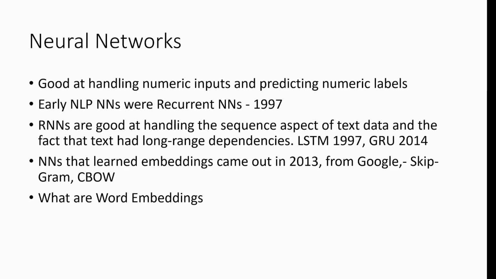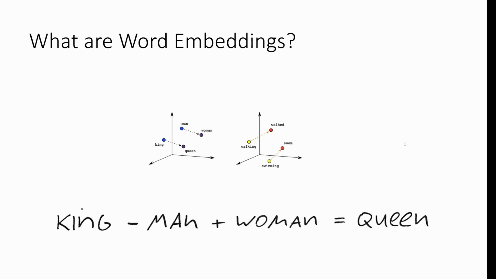And so you may be asking yourself, what are word embeddings? So word embeddings are another numeric representation of language. And the concept behind word embeddings is that by mapping words to a unique list of numbers, we position it in a high dimension space.